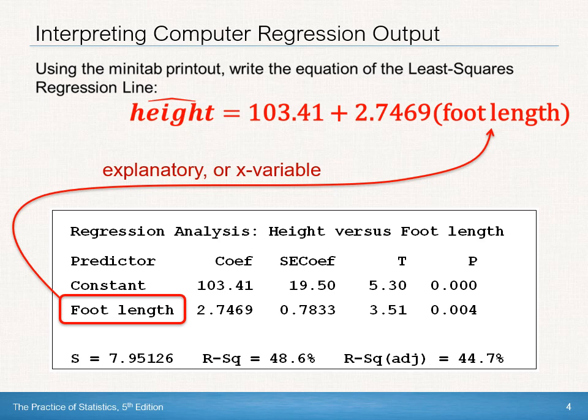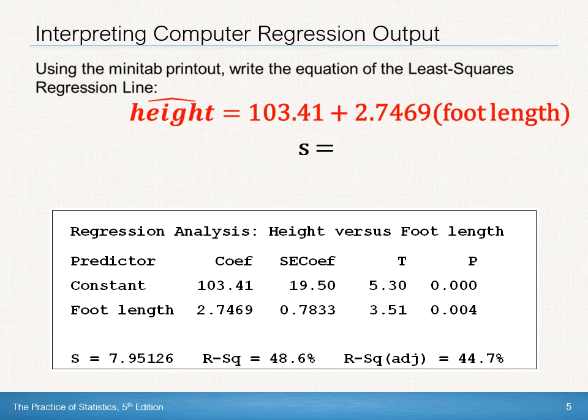So if you said y hat equals 103.41 plus 2.7469x, if we used x and y, we would have to explain what the x and y are. So it's sometimes nicer, instead of using y hat, to use the response variable, height hat, and then put foot length in instead of just the x. Because if you use x and y in the equations, then you have to explain what the x and what the y hat stand for.